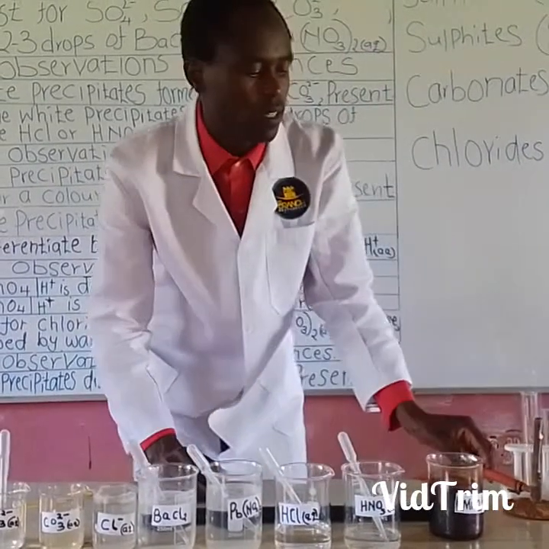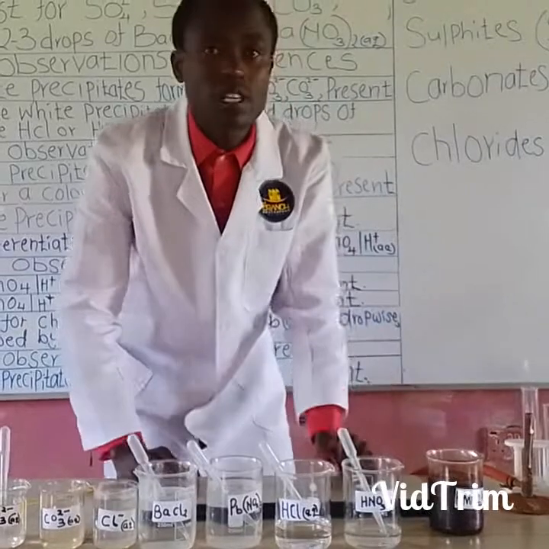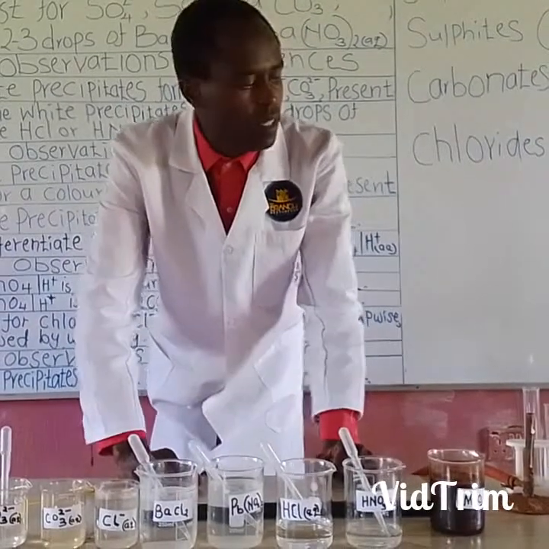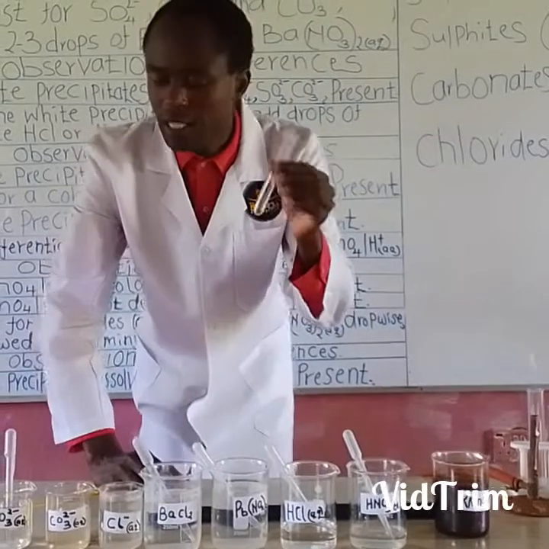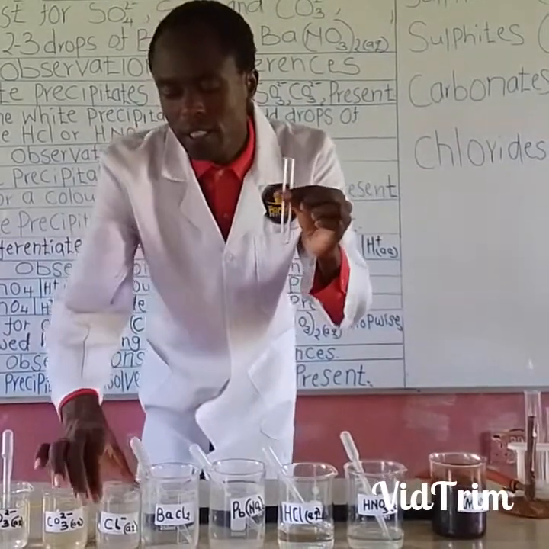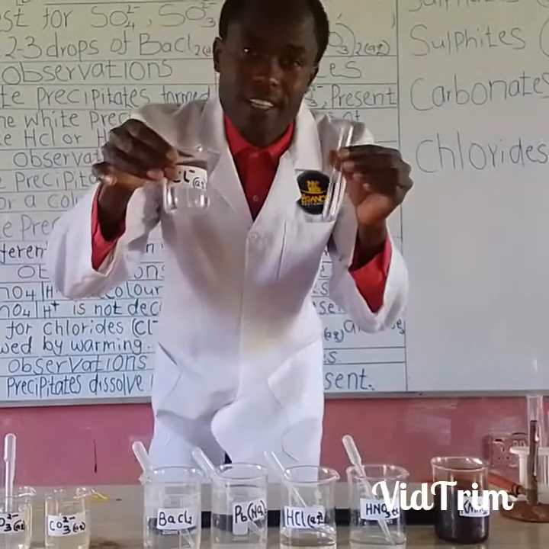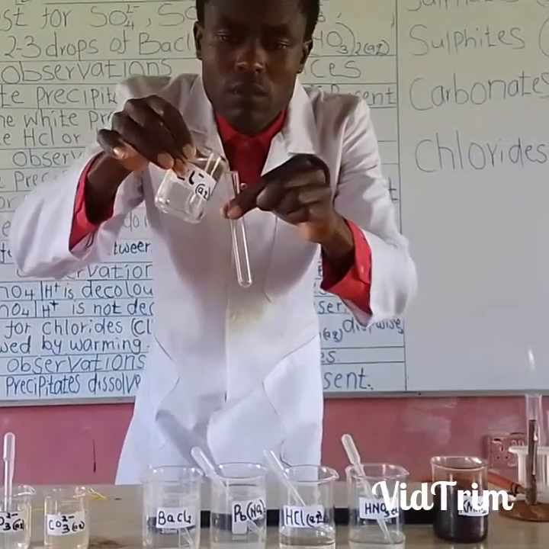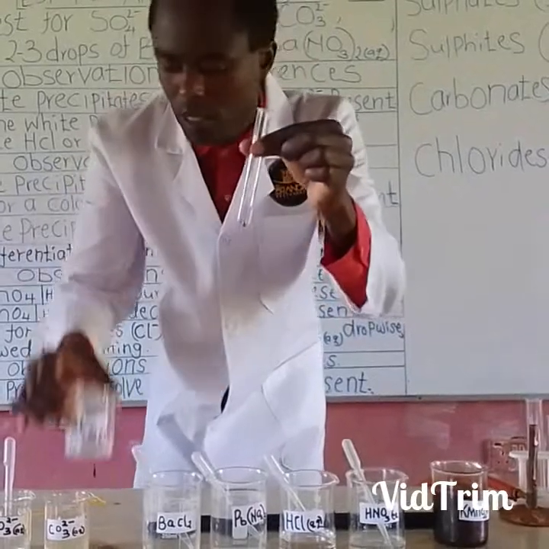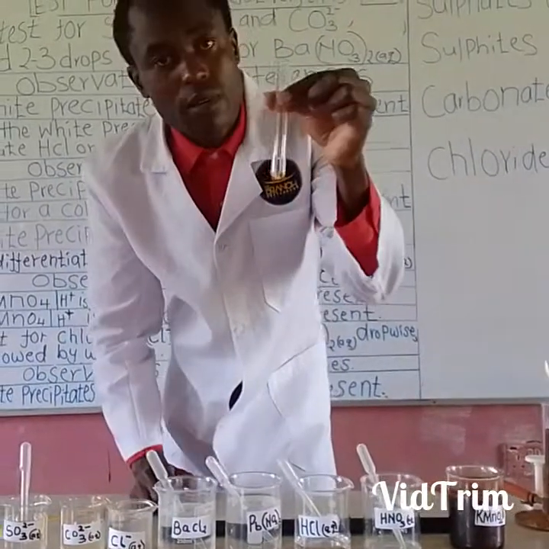So this is the non-luminous flame of the Bunsen burner. Then I take another clean dry test tube. Then I take a solution containing the chloride ions, about 2 ml. That's about 2 ml.